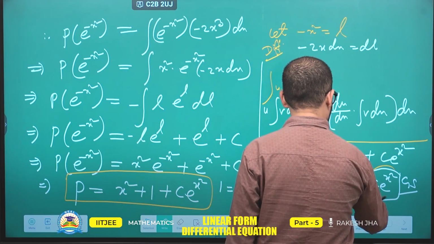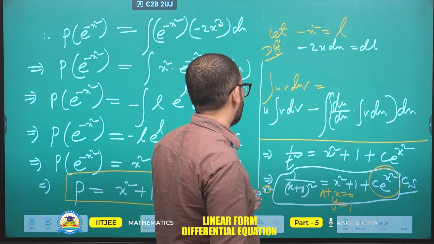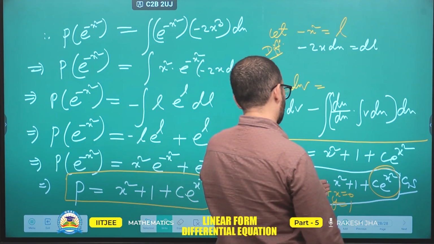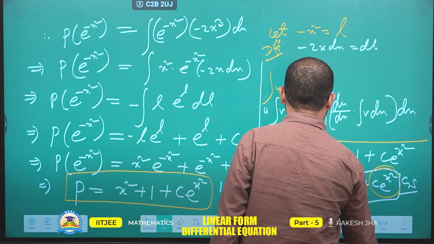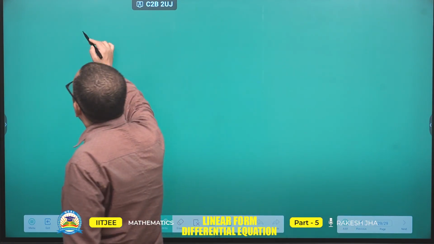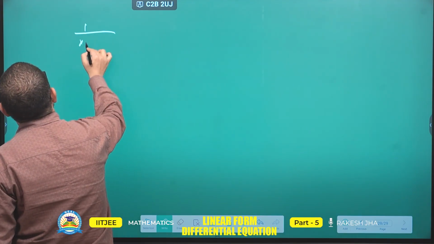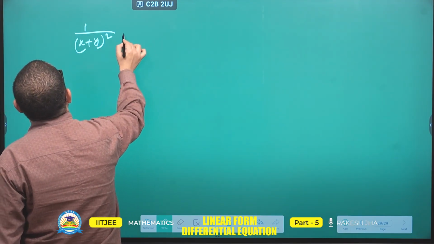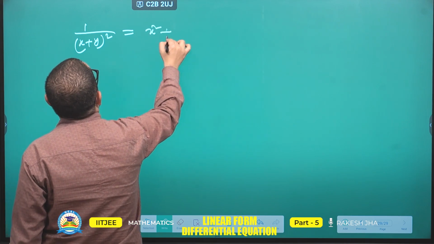So if this portion is 0, we are left with 1 upon x plus y whole square is equal to x square plus 1.